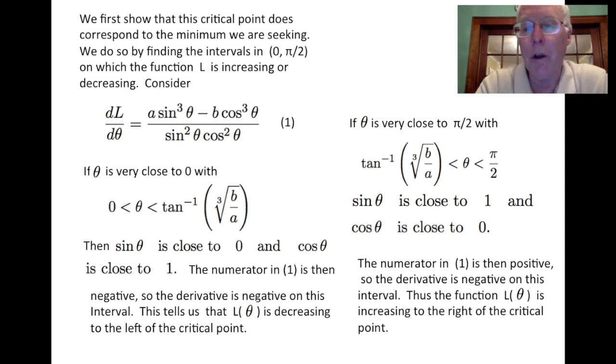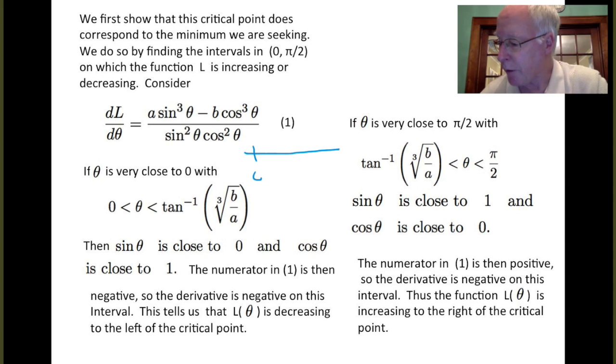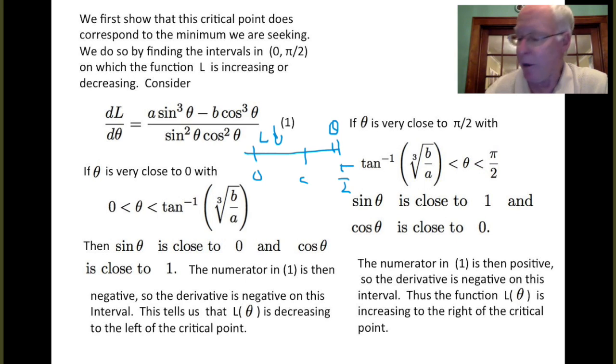With theta very close to pi over 2, and still between c and pi over 2, here's our situation once again: 0, pi over 2, and c. We already showed L is decreasing over here, so we take our theta way over here, close to pi over 2, and we get a positive numerator in this case, so that means the derivative is positive, and hence the function L is going to be increasing on this interval.